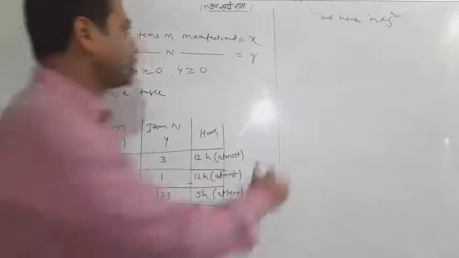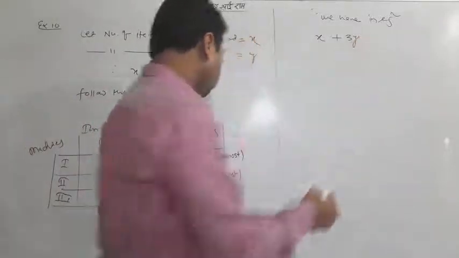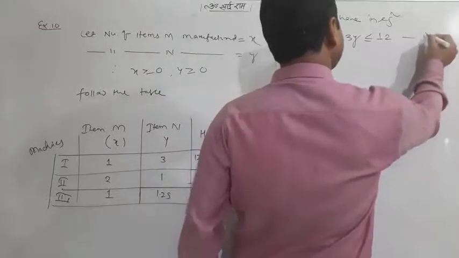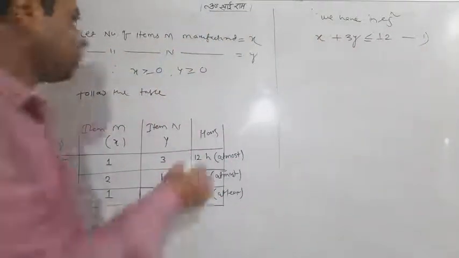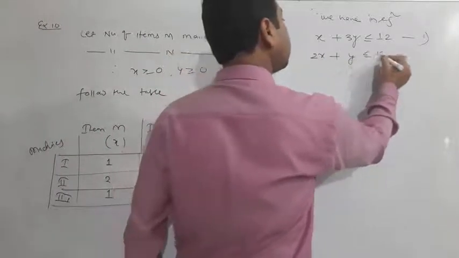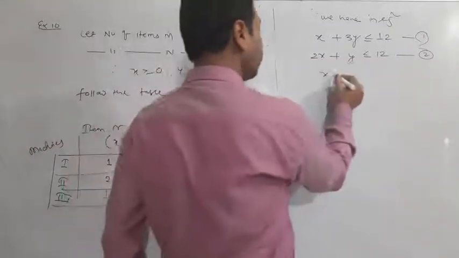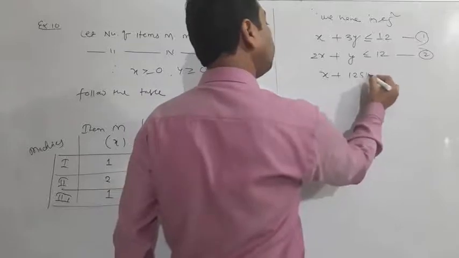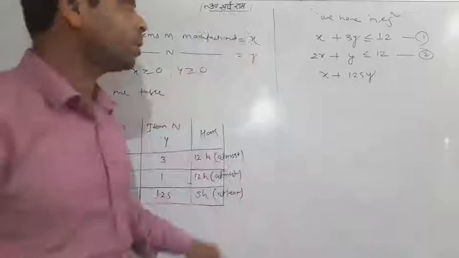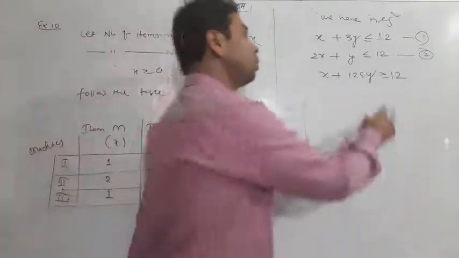So x plus 3y, at most 12. Then 2x plus y, again at most 12. Two inequalities we have. The last one is x plus 1.25y, and the last is 5 hours, so it is at least.